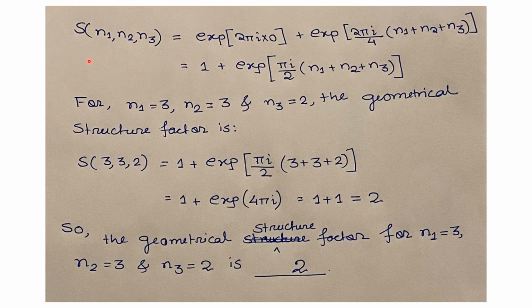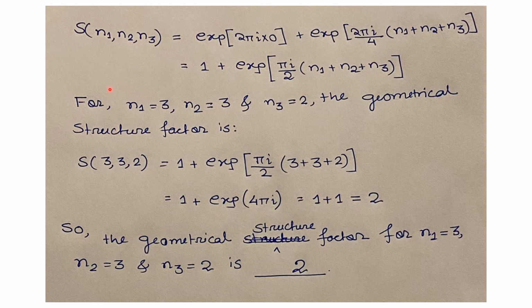So we are having that the structure factor S is equal to exponential of 2 pi iota times 0 plus exponential of 2 pi iota by 4 times n1 plus n2 plus n3. So this term will give exponential of 0, that is 1, and the second term will give exponential of pi iota by 2 times n1 plus n2 plus n3.